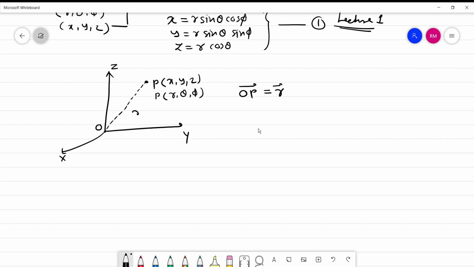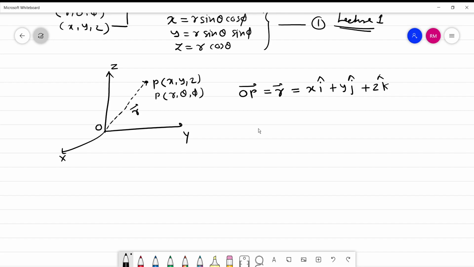So OP bar is R bar, which can be written as x i cap plus y j cap plus z k cap.